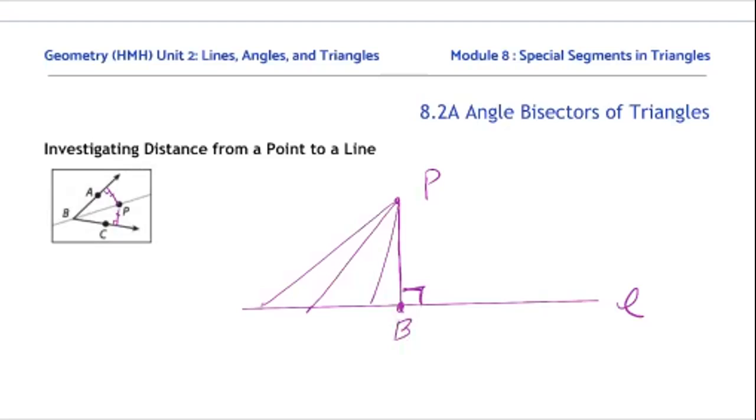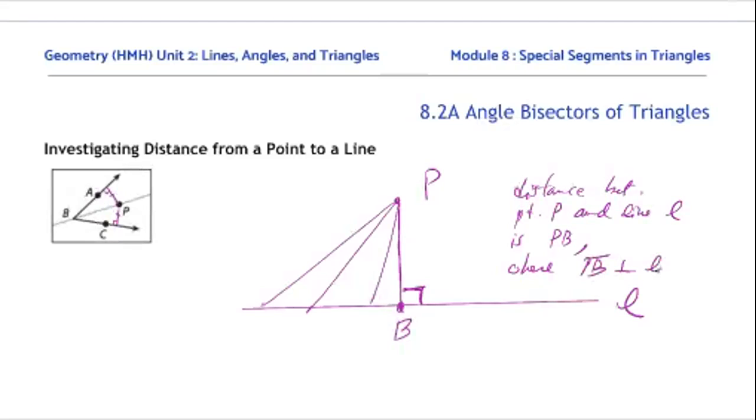So the distance between point P and line L is PB, where segment PB is perpendicular to the line L. So that's how we define the distance between a point and a line.